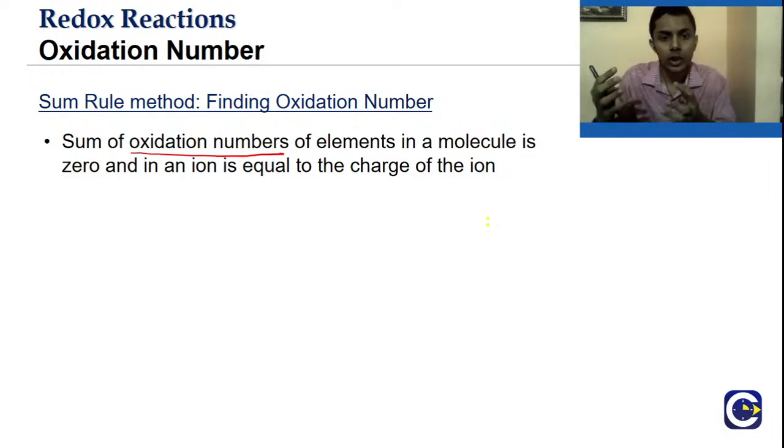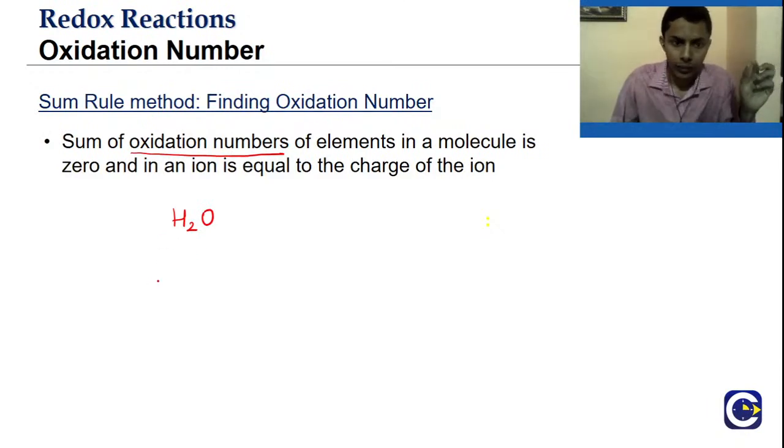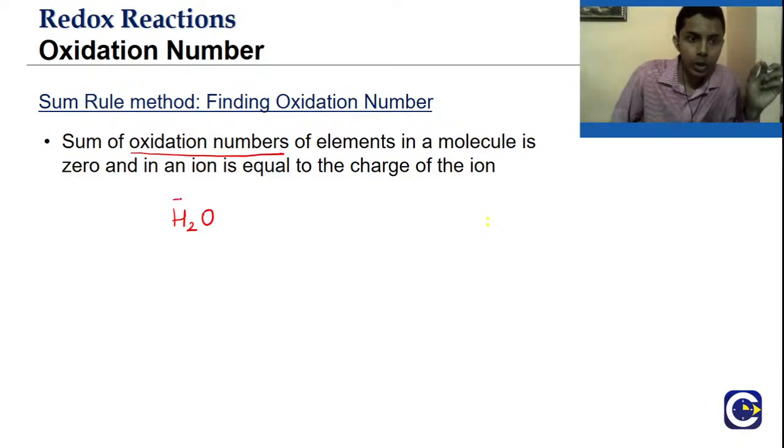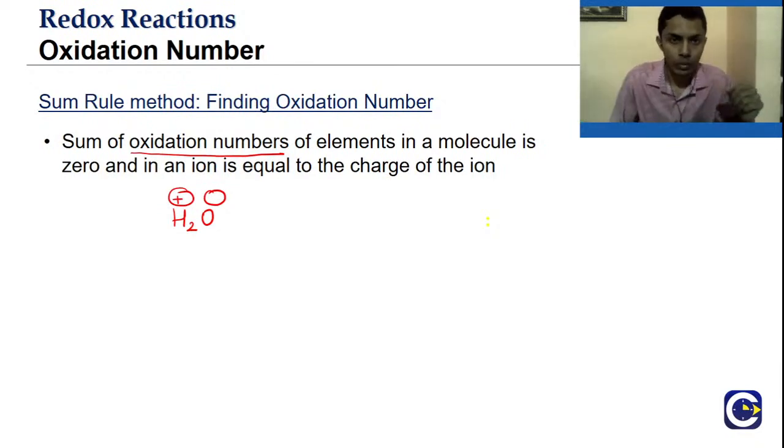The sum of oxidation numbers of elements in a molecule is 0, and in an ion is equal to the charge of the ion. So what does that mean? If I take, let's say, H2O, then the oxidation number of hydrogen and the oxidation number of oxygen will be in a way that when you add all of them, the algebraic sum becomes 0.